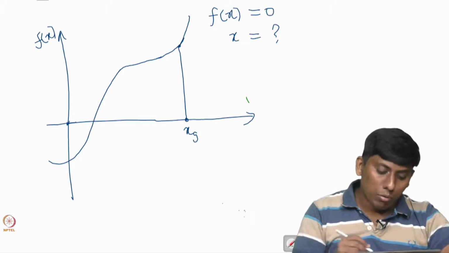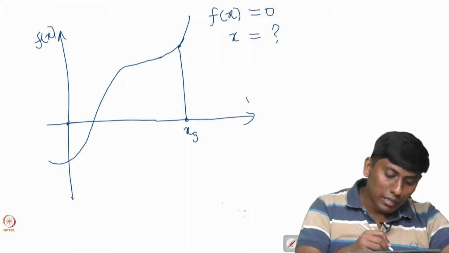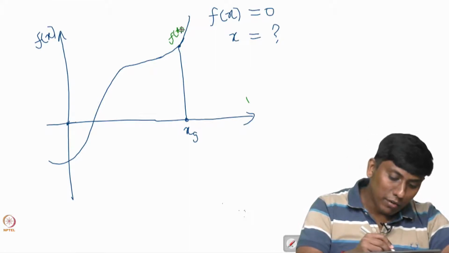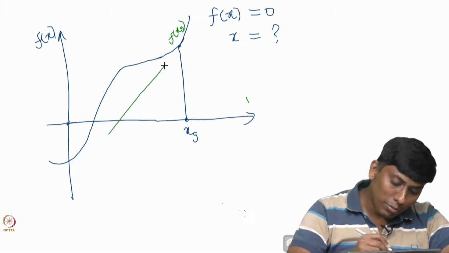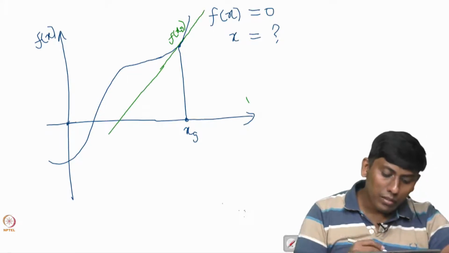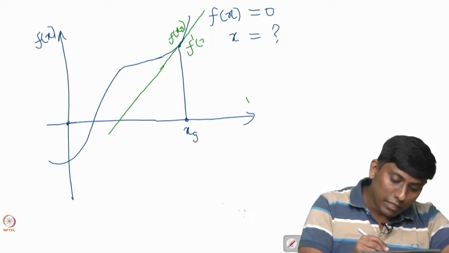Now the slope I can find, and the function of x g I can find. The slope is coming like this. This is f dash of x g.